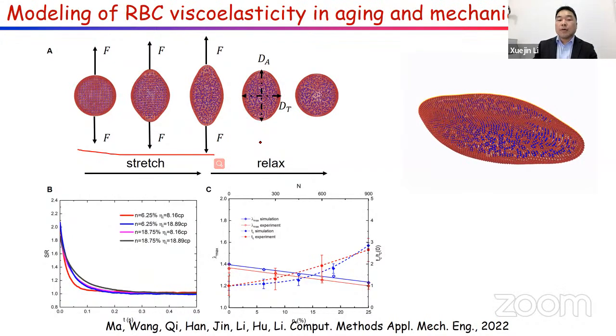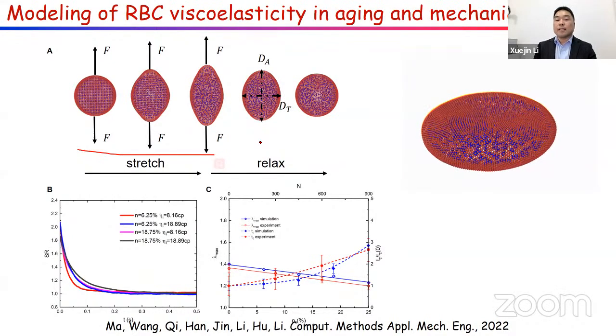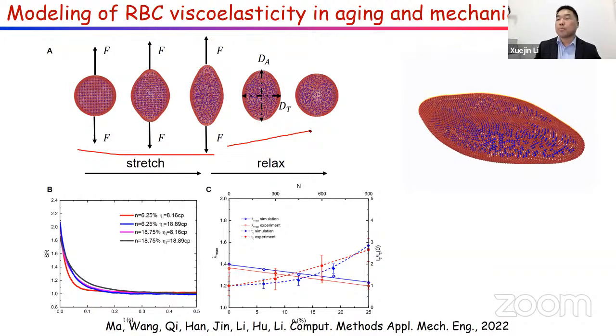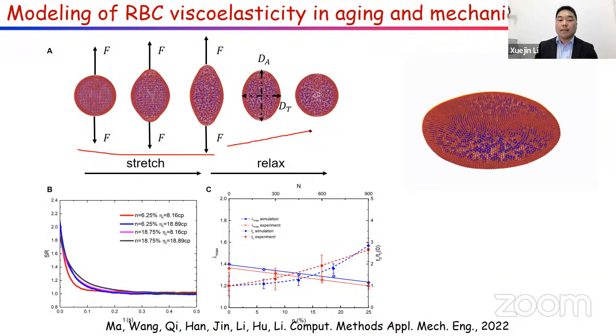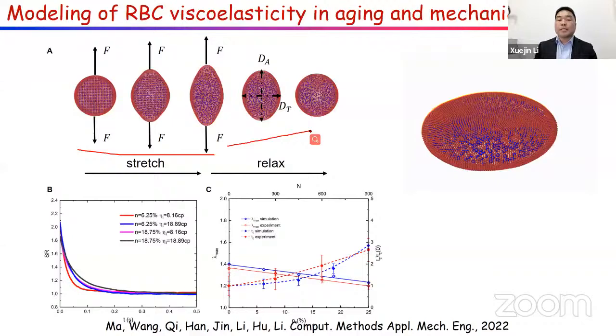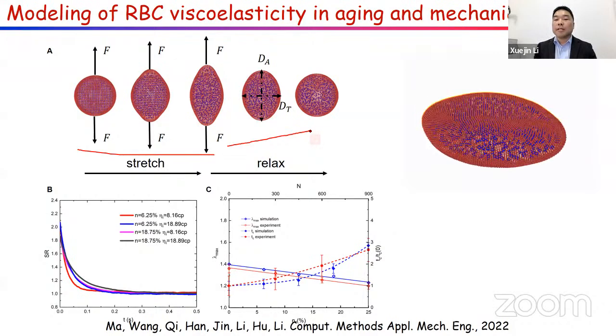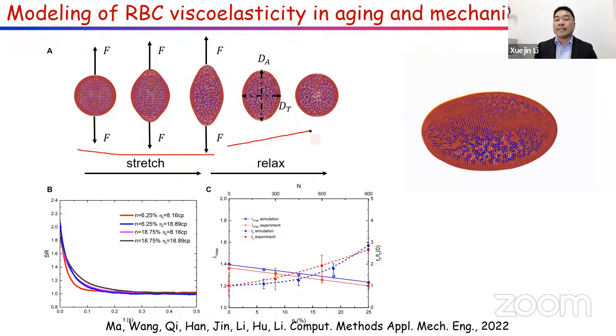And when the stretching force is released, we find that the cell can get back to its initial shape. Hence, the cell viscoelastic response can be obtained from the shape relaxation of the red blood cell membrane.